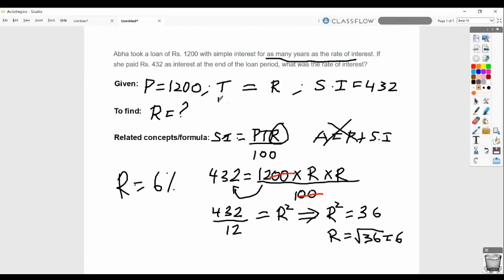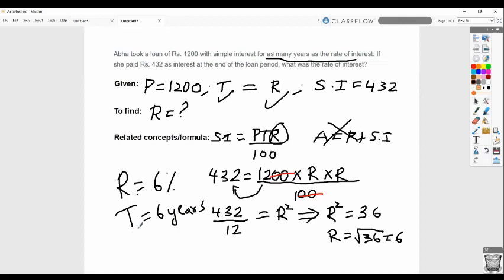Because the time is same as the rate, we can say the time is 6 years. If you notice, the numerical answer we got is 6, but based on what component it is talking about, it takes the form of 6 percent for the rate and 6 years for the time period.